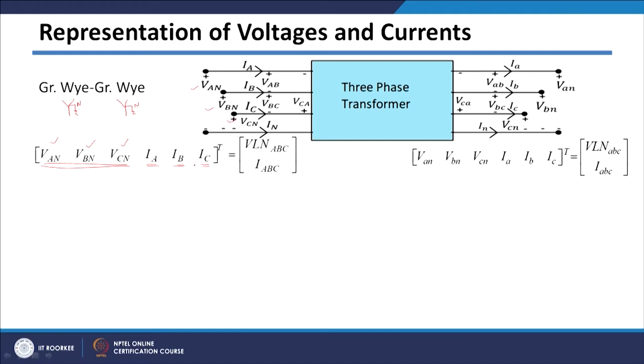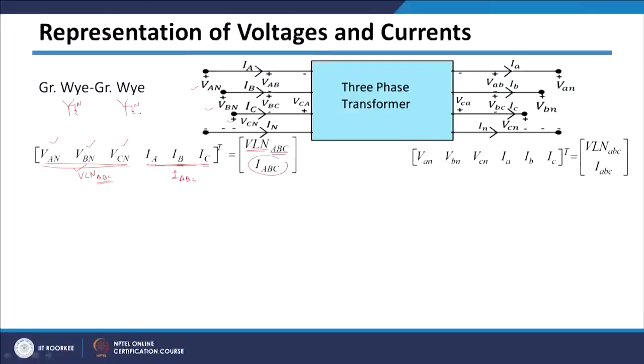However, to write them in compact form, since these voltages are line to neutral voltages, I am writing all the 3 voltages as voltages line to neutral, and all the 3 means ABC. So, that is why these 3 terms I am just writing VLN ABC, and capital letters I am using because they are primary side, and all these 3 currents I am writing IABC.